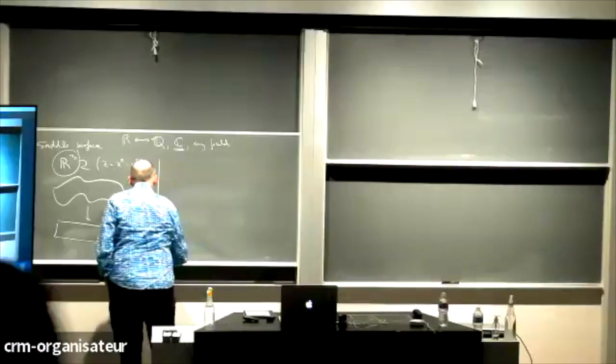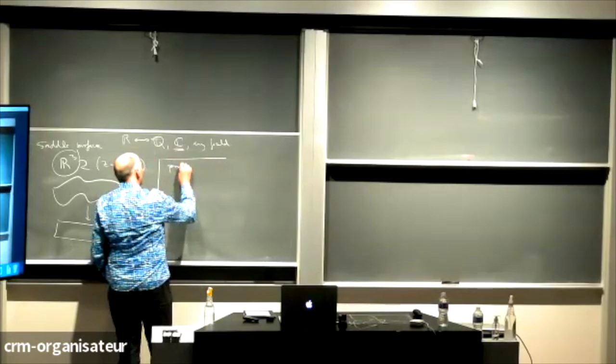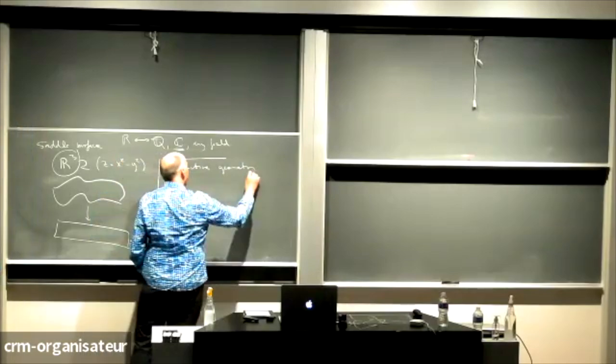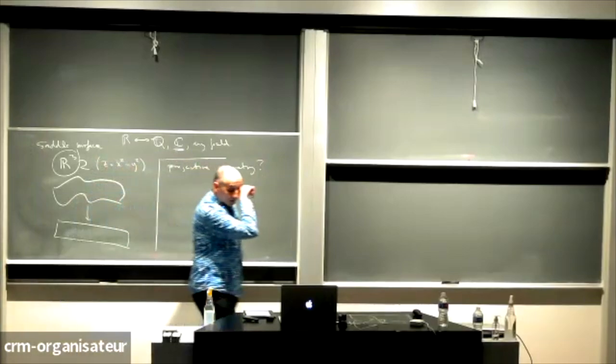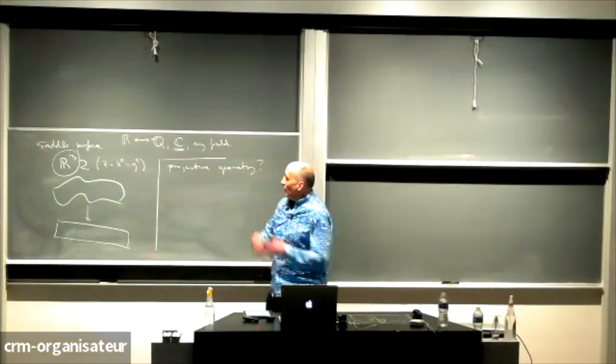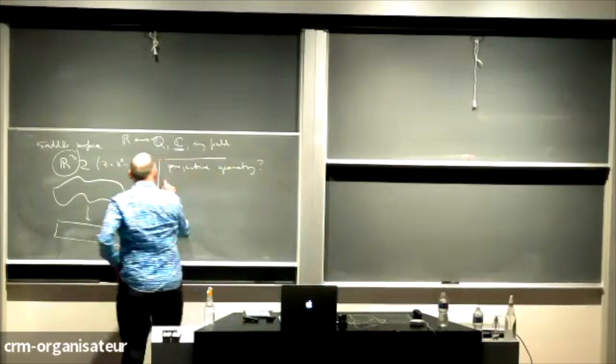But a more interesting question is, what if we go to a projective case? What does that mean? I would like to embed this into a projective space, so let me recall what that is.